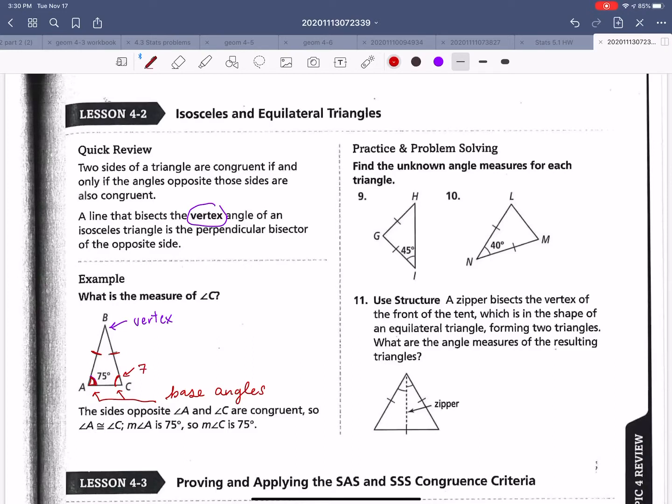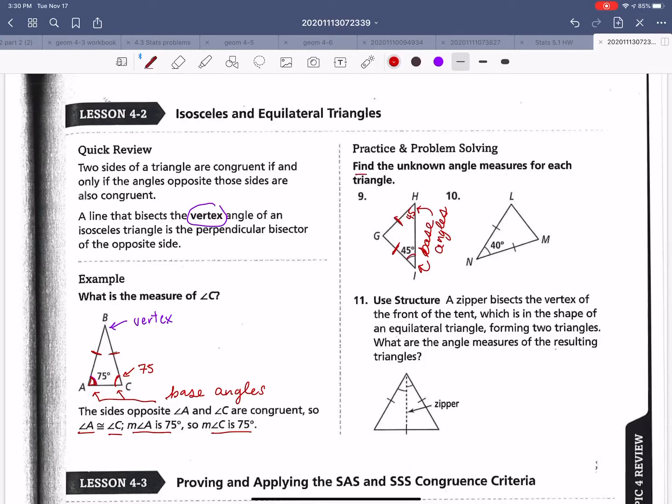So that would mean that if A is 75 and they're equal to each other, then angle C would be 75. So using this knowledge, if I look at question number 9, if these are equal, then this would make this my base, correct? And so then that would make these my base angles. So if that base angle is 45, then this base angle is 45.